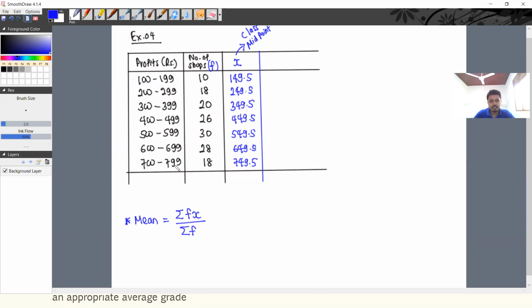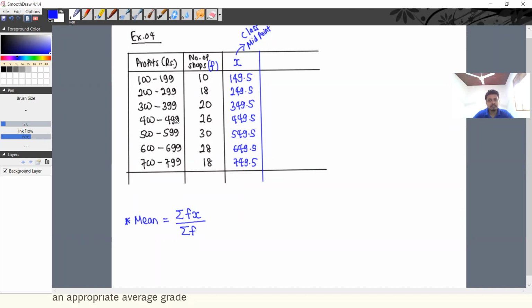Okay, this is not relevant for this one, but tell me, these class intervals can be in the form of class limits, or in the form of class boundaries. Here what do we have?